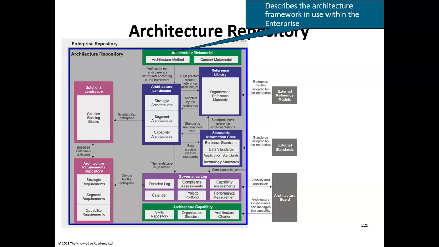Architecture meta model will describe maybe the architecture framework I'm going to use, the TOGAF framework, or any governance framework or any other framework I'm going to use for the architecture work. So this will contain the details of the framework relating to it.